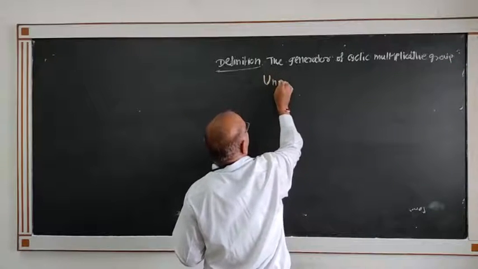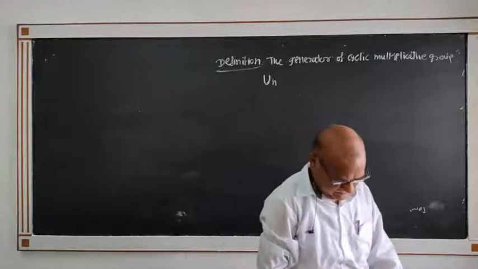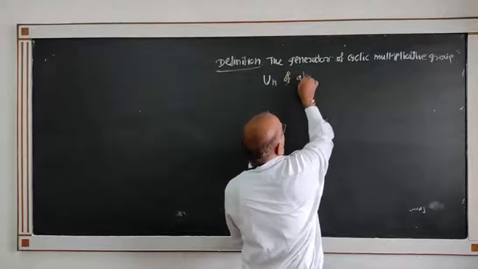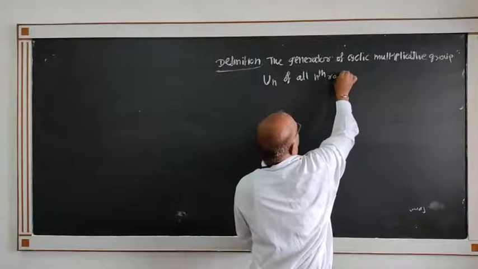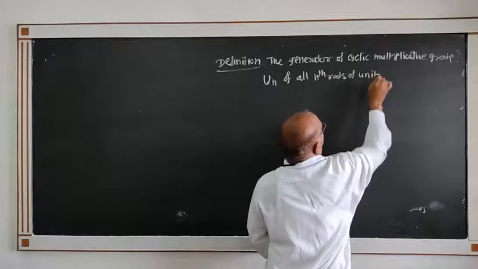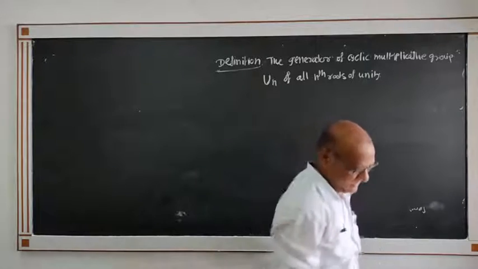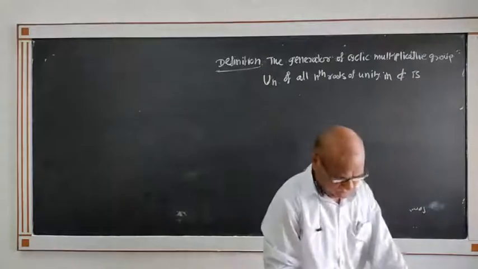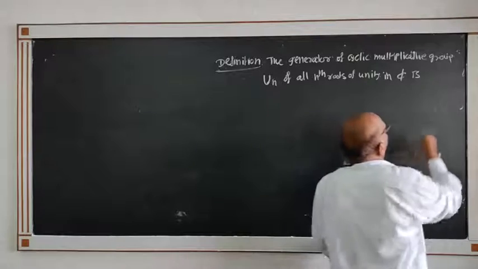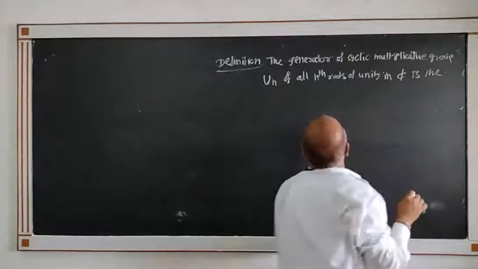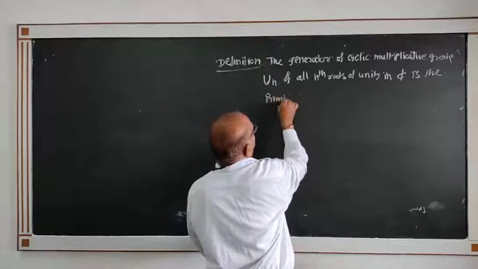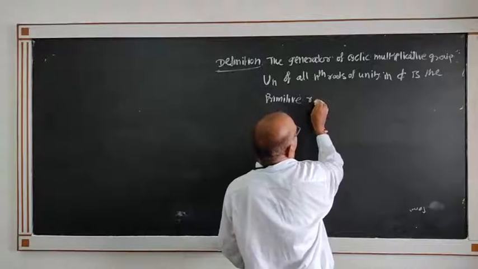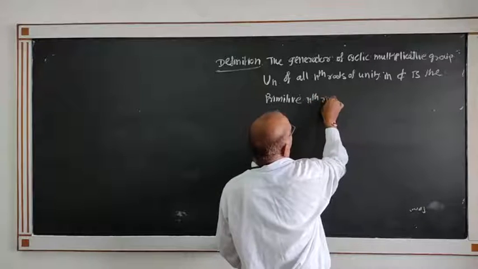Un is the group of all nth roots of unity in complex numbers. A generator is a primitive nth root of unity.